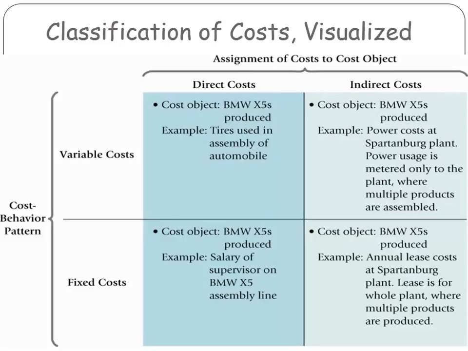Freight costs of Corolla engines from Toyota City, Japan to Fremont, California. Direct or indirect? Fixed or variable? Okay. Electricity costs for the plant. Indirect because it's one bill for everything, and variable or fixed? Variable, it changes with volume. Wages to the temporary assembly line workers, direct?